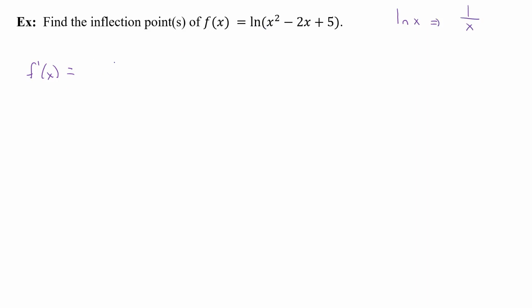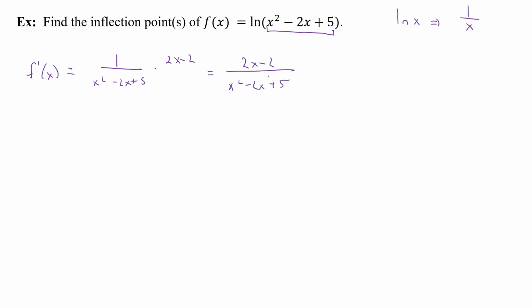So this is going to be 1 over x squared minus 2x plus 5, but now we have to multiply by the derivative of what's on the inside. The derivative of what's on the inside is 2x minus 2. And so this is really 2x minus 2 over x squared minus 2x plus 5.